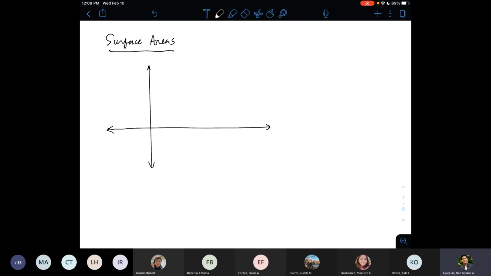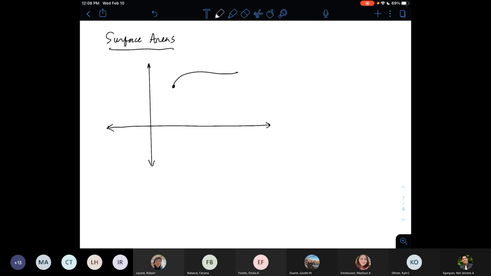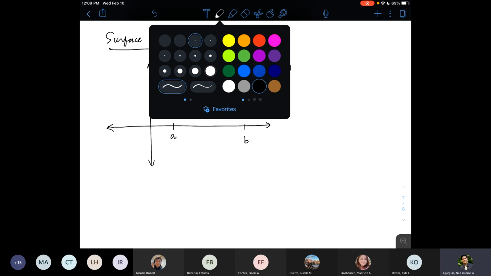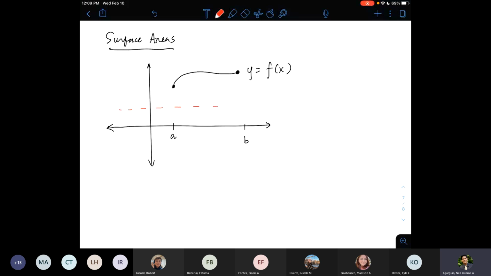Okay, so for the surface area, you should be given an arc, say the arc formed by the function f of x over some interval ab. And then you will be given an axis of revolution. That axis of revolution could be horizontal, could be vertical, but in general, this is the case. And then the idea here is we rotate the arc with respect to the AOR.